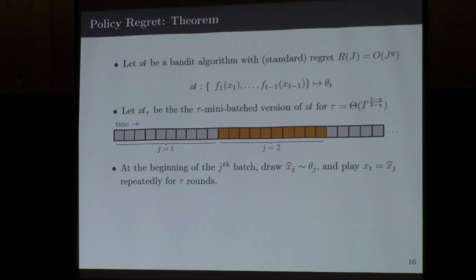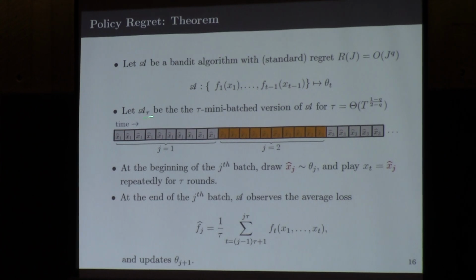At the beginning of each batch, we draw an action according to the distribution at that mini-batch and play that repeatedly for tau rounds. We construct these mini-batches of size tau, and during the mini-batch, we just play that constant action that we pulled at the beginning of the batch. And we observe losses for this mini-batch, average them, and feed it back to the algorithm A. So we're basically constructing a mini-batch version of A.